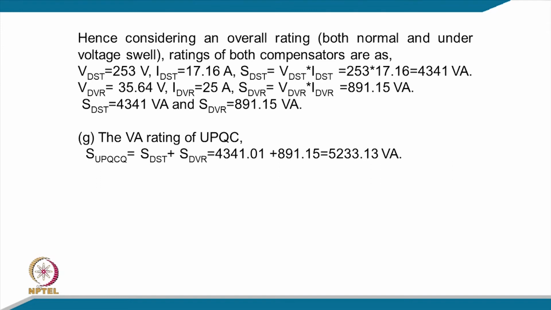So, the S D statcom becomes typically 4314, and V DVR is 35.64 voltage rating, I DVR 25 ampere. So, it becomes 890.15, so your D statcom rating is 4314 and DVR rating 891. So, the total rating of UPQC is the sum of both. So, it becomes 5233.13 VA.